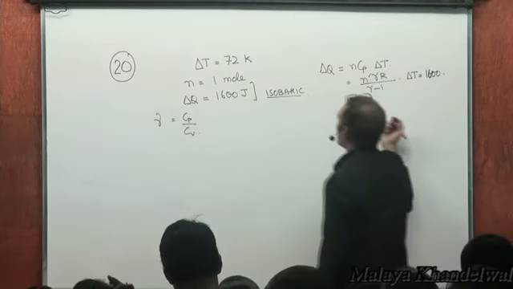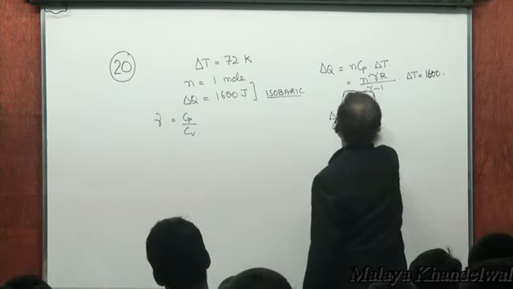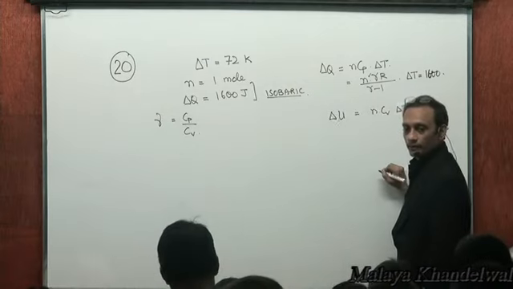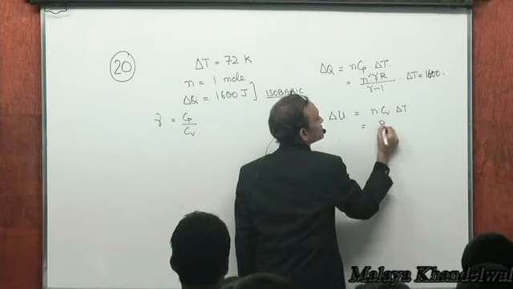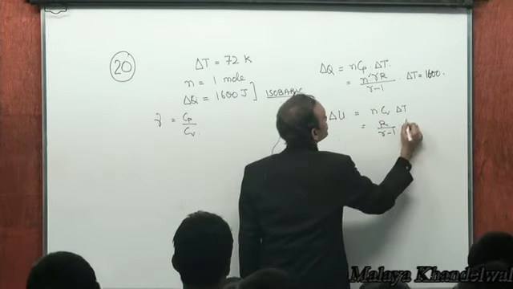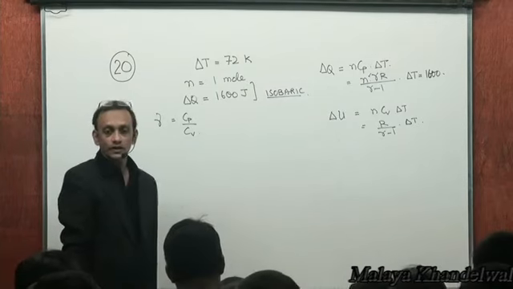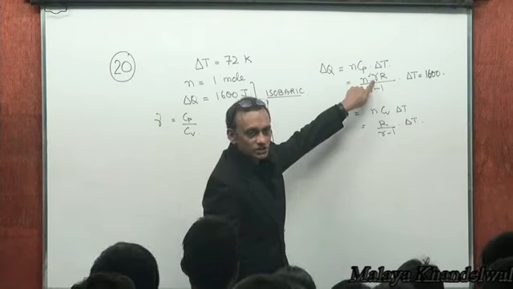Now, once you know gamma, what's the change in internal energy? Change in internal energy would be N Cv delta T. N is 1 mole. Cv is R by gamma minus 1, into delta T. This could then be calculated, because you have calculated gamma from these considerations.